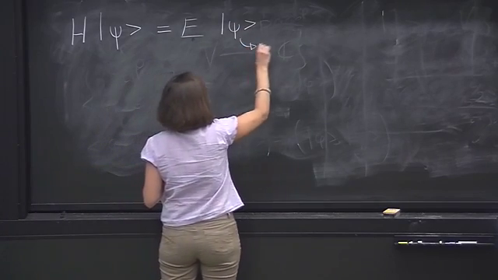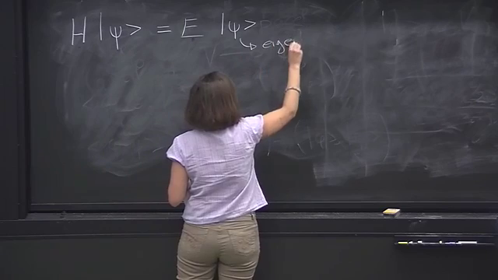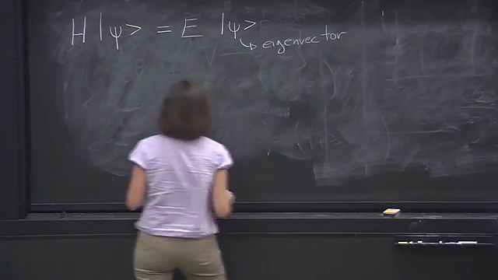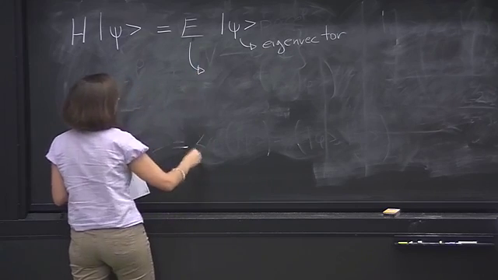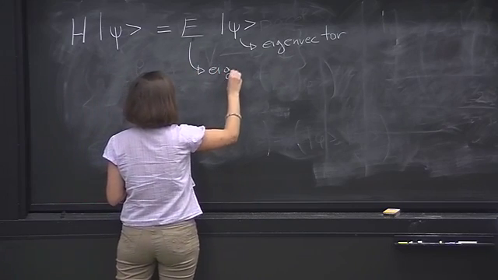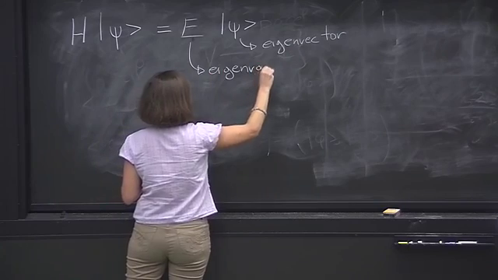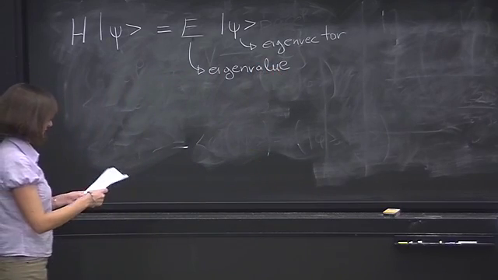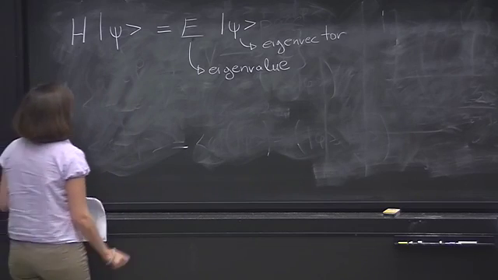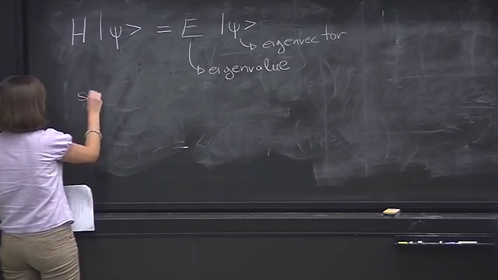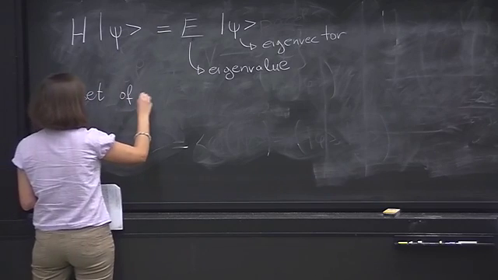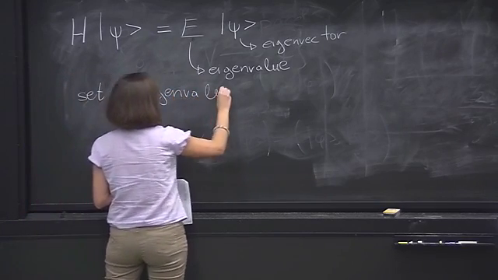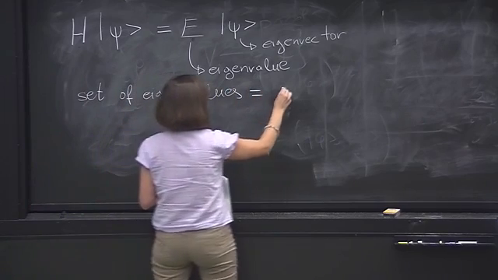So this is an eigenvector, and this is the corresponding eigenvalue. The set of all the eigenvalues of a specific operator is called the spectrum of this operator.